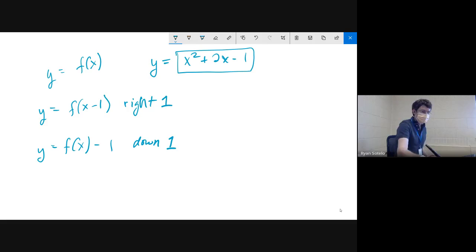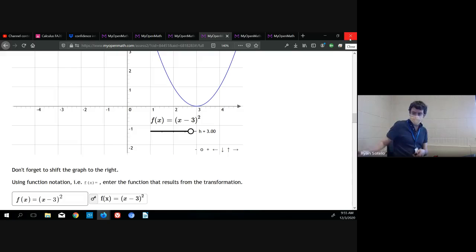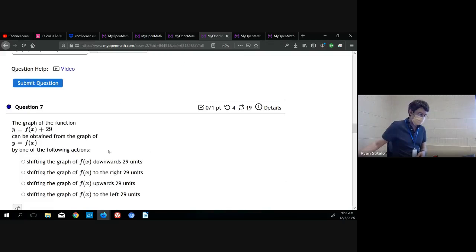So when you look at this next question, it's important to know if this is in with the x or not. This is not in with the x, so it's not a horizontal shift, it's vertical. Going up or down. Mine's +3 and it's not with the x, so is that up?